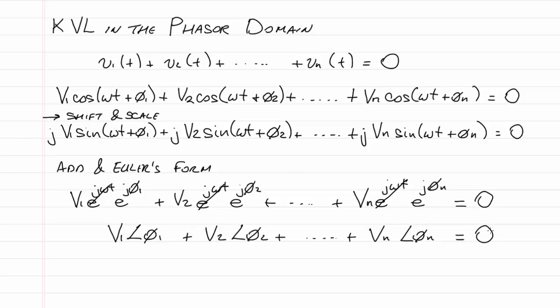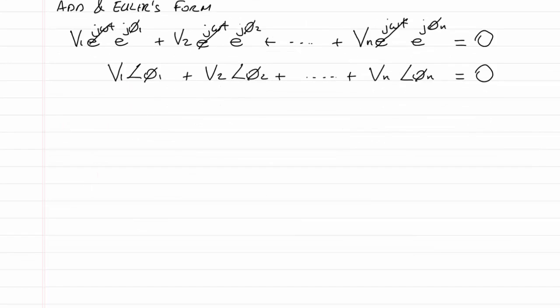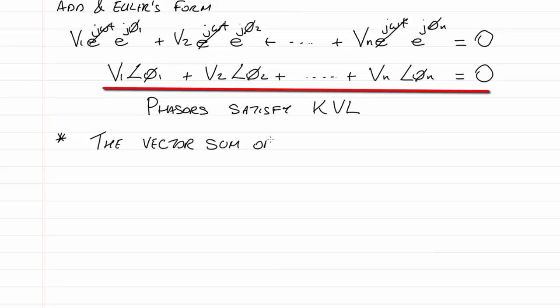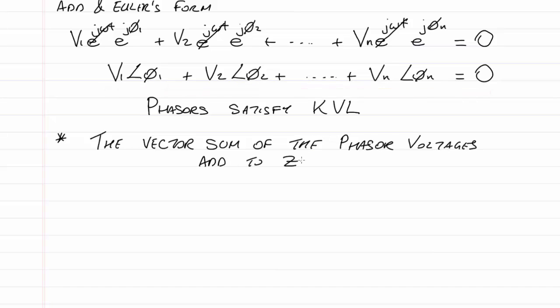And we can see that the phasor form satisfies Kirchhoff's voltage laws. More importantly, you'll notice that what we have here is a vector sum, and the vector sum must add to 0. So in the phasor domain, Kirchhoff's voltage law can be expressed as a vector sum of voltages around the loop that must add to 0.